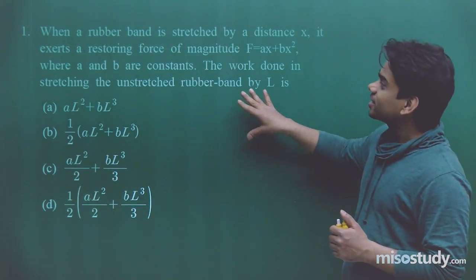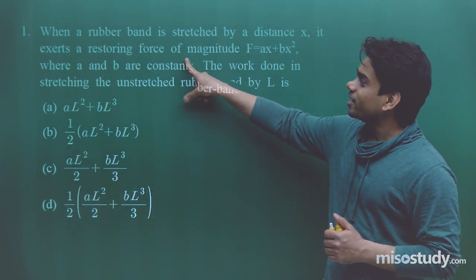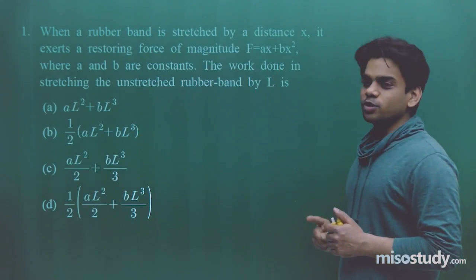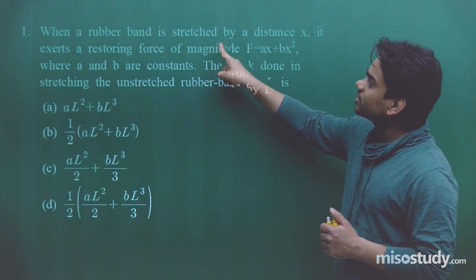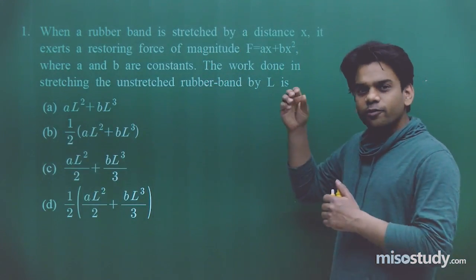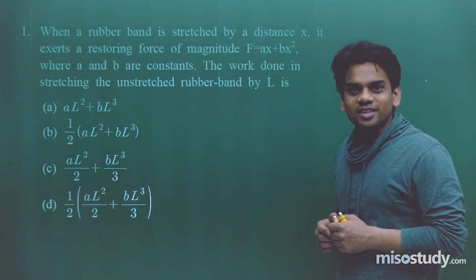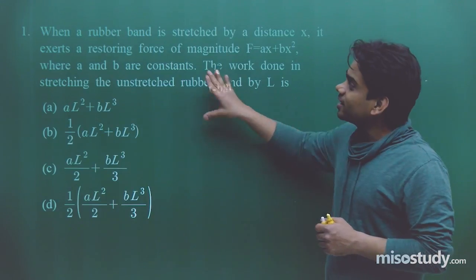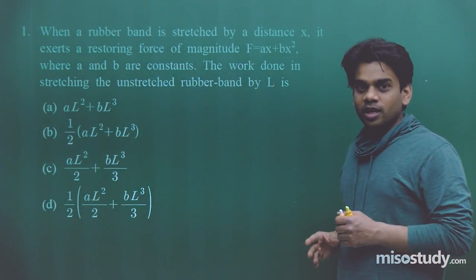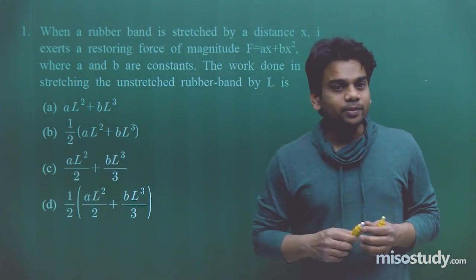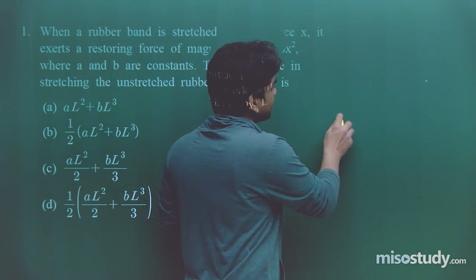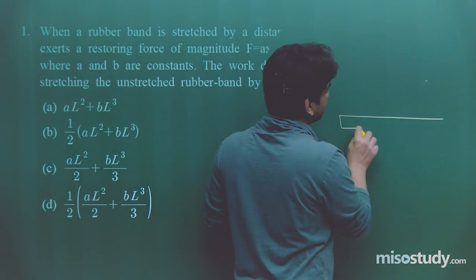So you see that it is given that it exerts a restoring force of magnitude F equal to ax plus bx square. When a rubber band is stretched by a distance x, you take the natural length of the rubber band and stretch it by a length x. It says that it exerts a restoring force. Now if I make the diagram, how will it look? Let's say this is the rubber band.